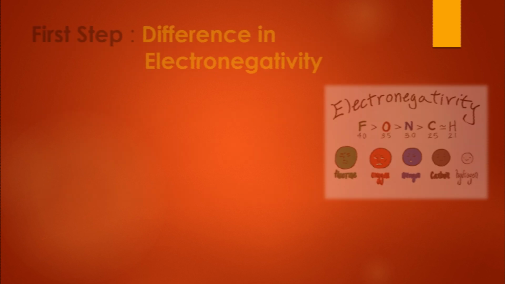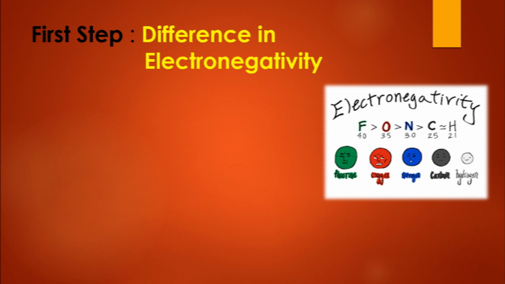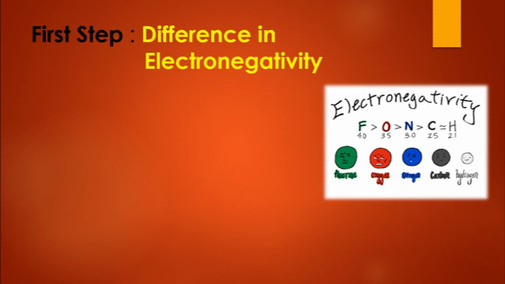The first step in finding the polarity of the molecule is to find the difference in electronegativity of the elements involved in the bond. Yes, you're right. Magko-compute tayo. Pero, ang gagawin lang natin ay to find the difference in the electronegativity of the elements na involved sa bond.